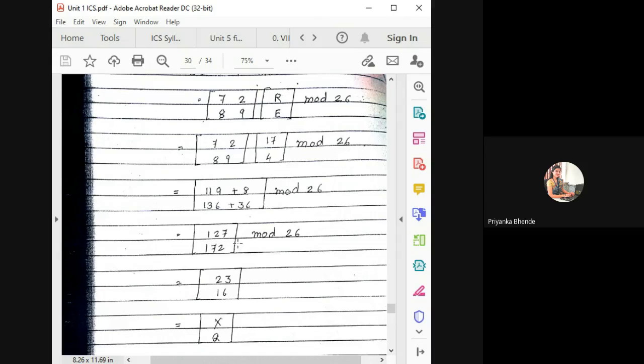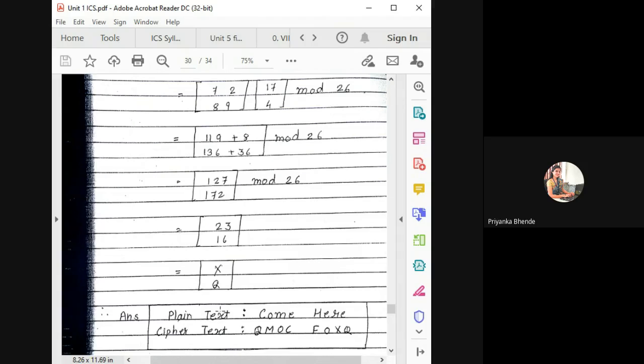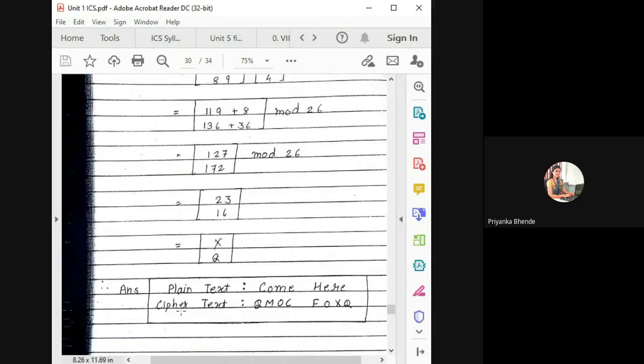After calculating the mod, we get 23 and 16. The corresponding alphabet of 23 is X and of 16 is Q.